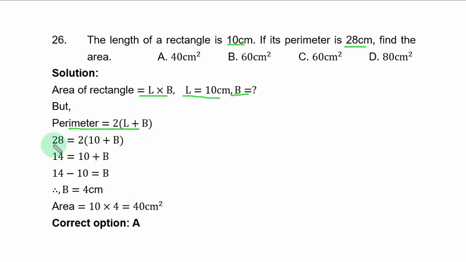Perimeter is 28 equal to 2 bracket open, the length is 10 plus breadth. Divide through by 2, you have 14 equal to 10 plus b. Collect like terms, you have 14 minus 10 equal to b, and b, the breadth, is equal to 4 cm. The area is therefore 10 times 4, and that is 40 square centimeters. A is the correct option.